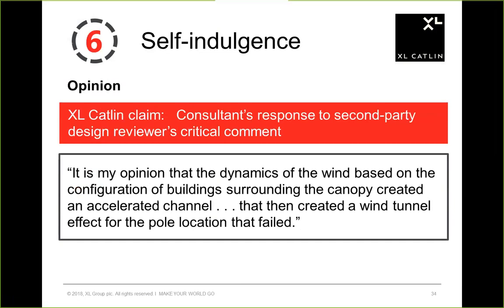This is another example of an email from our claims files that illustrates this self-indulgent attitude. This email is actually from an architect responding to a report critical of his design.